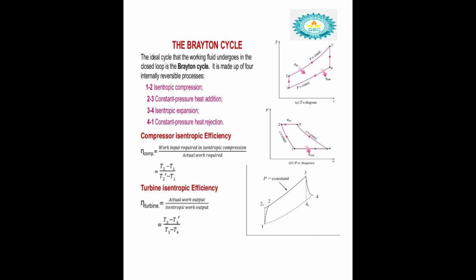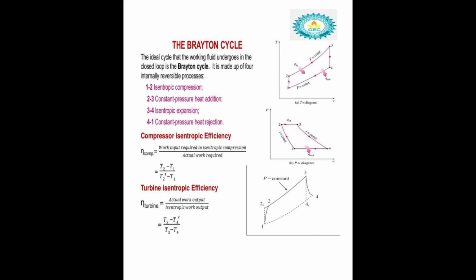The second process is the constant pressure heat addition process. In this process, heat is supplied and temperature increased from T2 to T3. Pressure remains constant. And the third process is isentropic expansion.